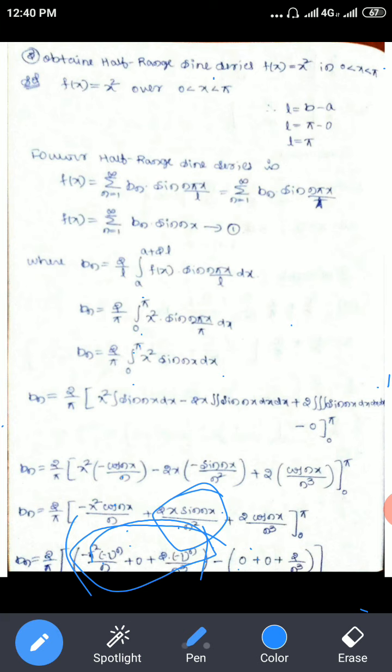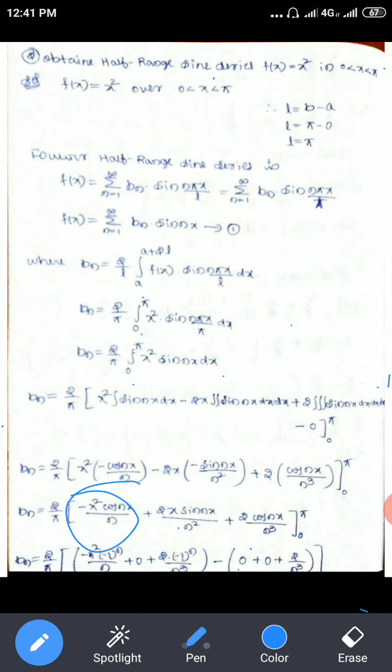Next, minus the lower limit. So what is the lower limit? 0. So 0 into anything, the first term you can see here, is 0, again 0, plus 2 into cos of 0 divided by n cube.